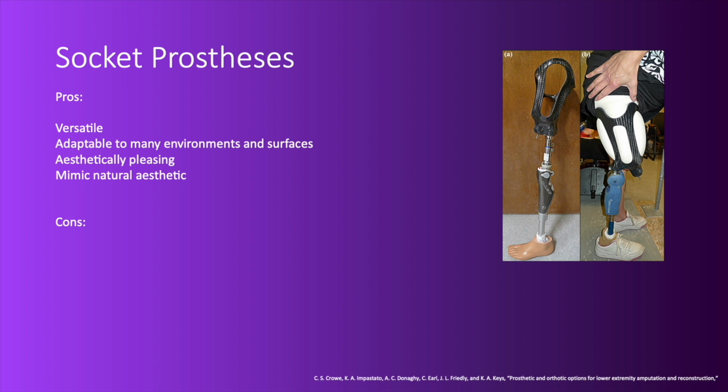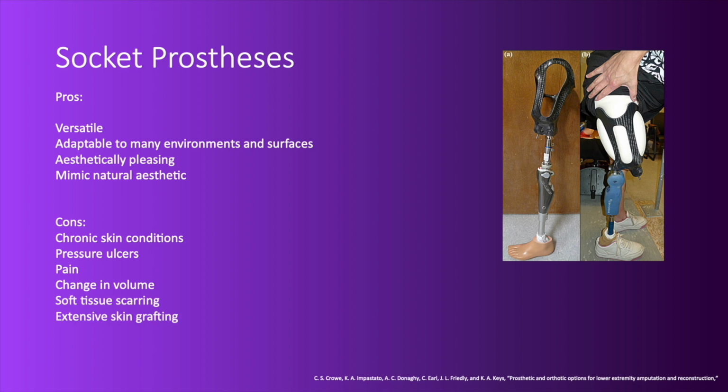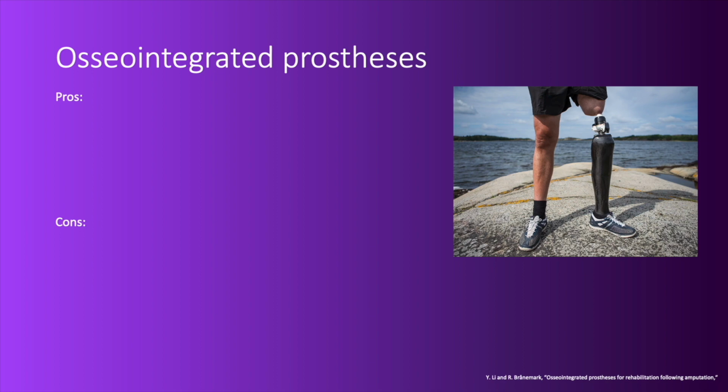Limitations of socket prosthetic options include development of chronic skin conditions, formation of pressure ulcers, persistent pain, change in volume of the stump, soft tissue scarring, extensive area of skin grafting required, restricted mobility, and socket retention issues arising from excessive perspiration.